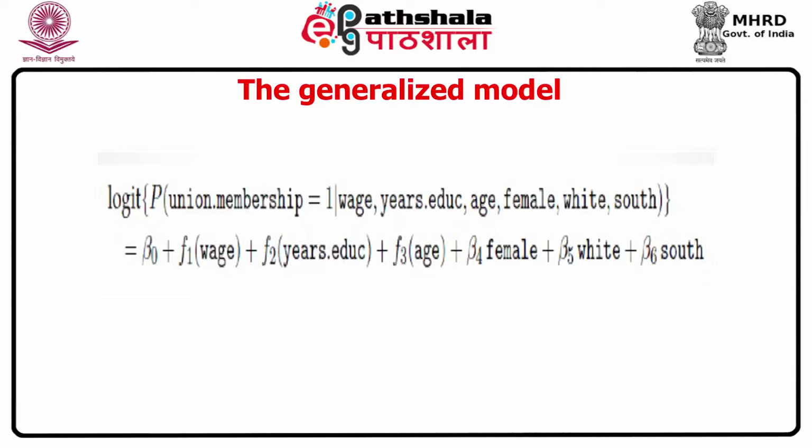They're only assumed to be smooth. Because I have three separate functions for three separate covariates, and they figure in the logit of the model as a sum, F1 of wage plus F2 of years of education plus F3 of age, this motivates the idea of additive. So the effects of the covariates are additive, which explains the additive part of the GAM.